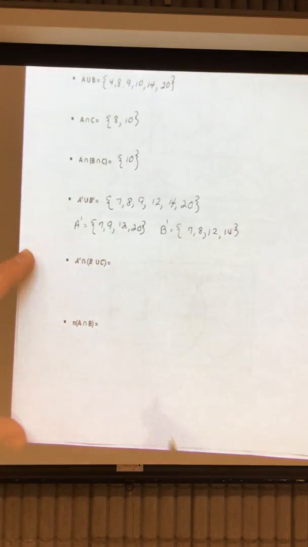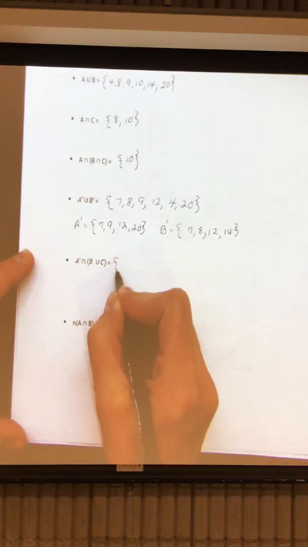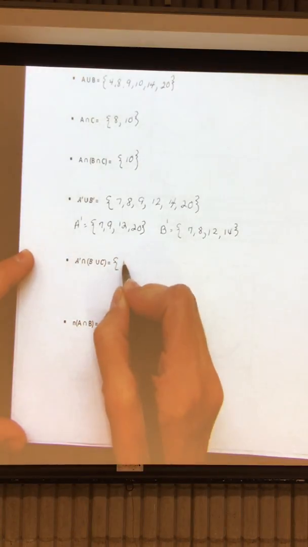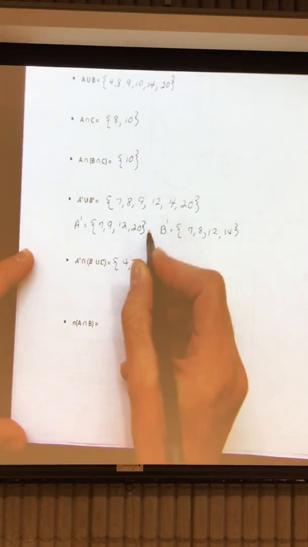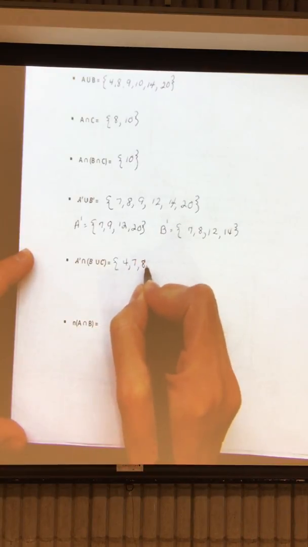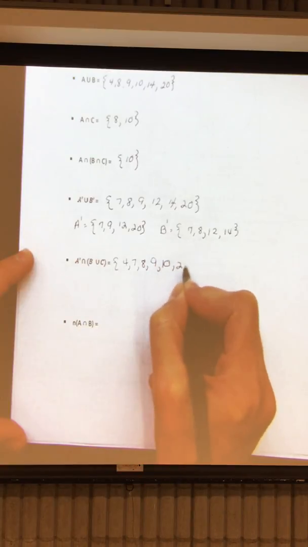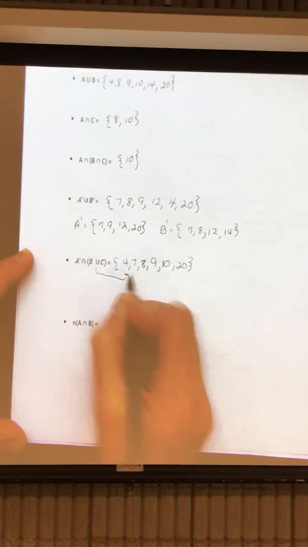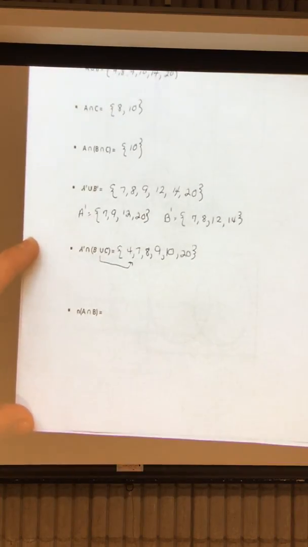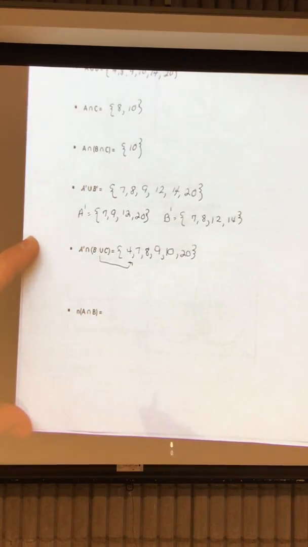The next we have A complement intersection B union C. So let's calculate that first. B union C are all the elements in B or C. So we have 4, 7, 8, 9, 10, and 20. So that is what's in the parentheses. Now let's calculate A complement and all these elements.